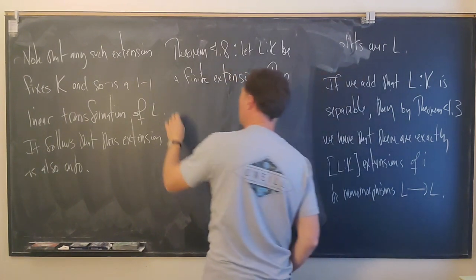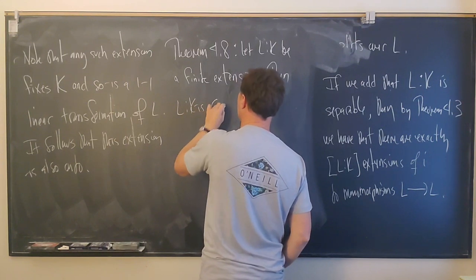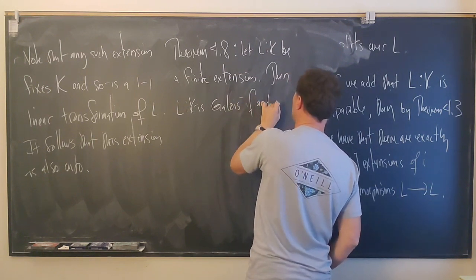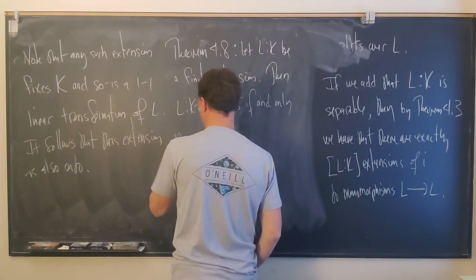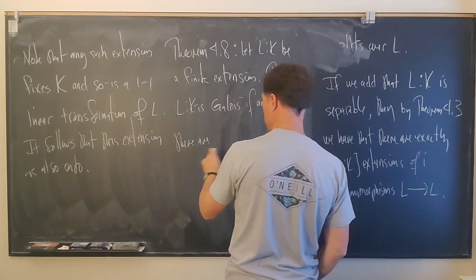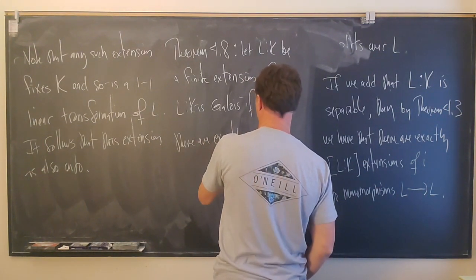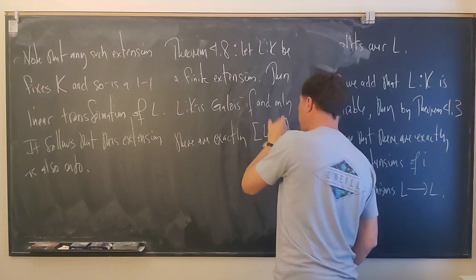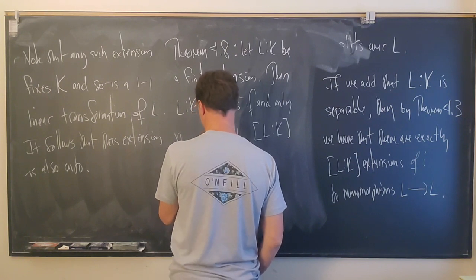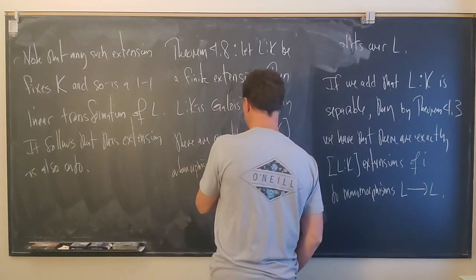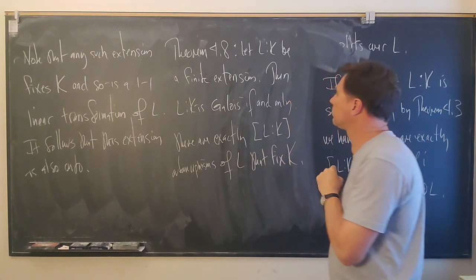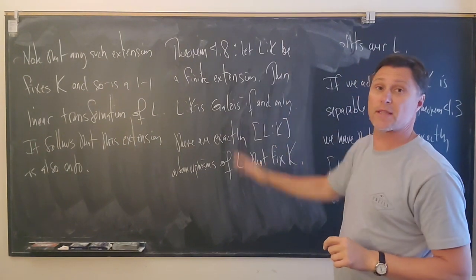Then L over K is Galois if and only if there are exactly degree of L over K automorphisms of L that fix K. So here's the reason that we like Galois extensions.